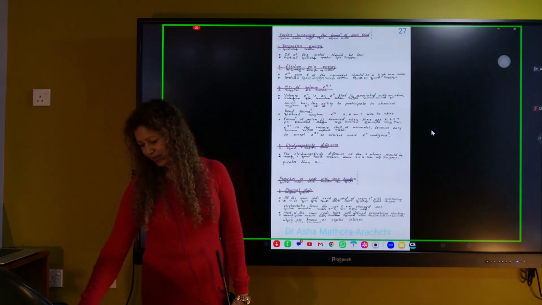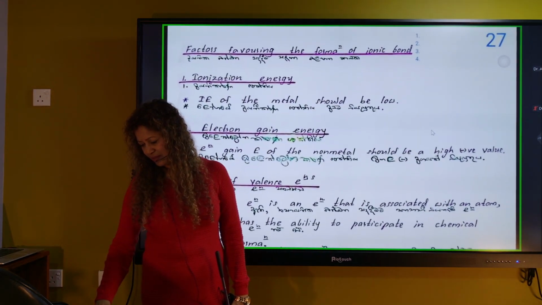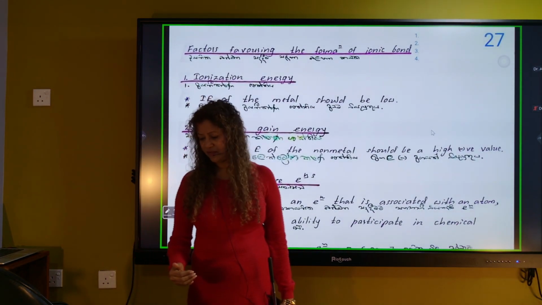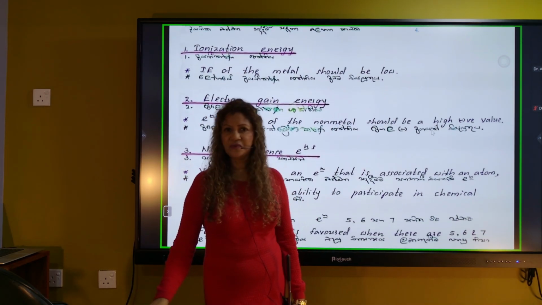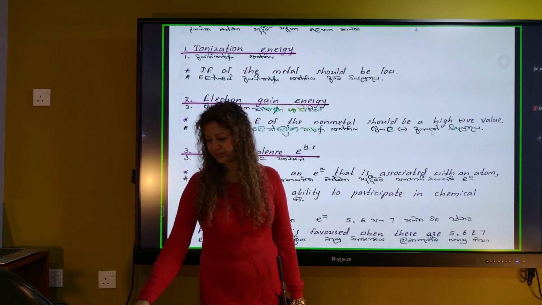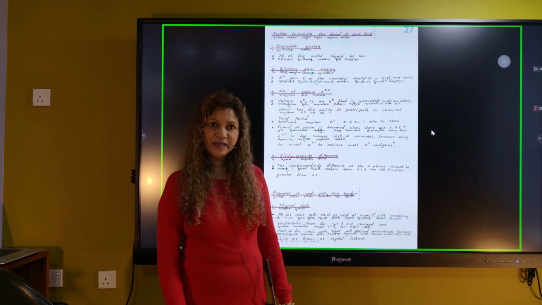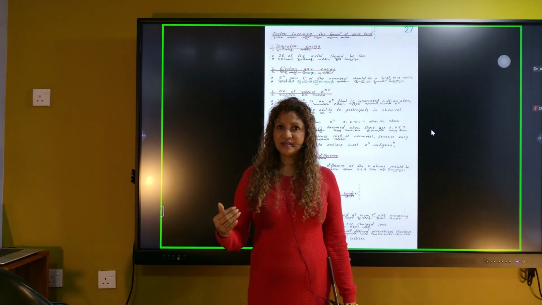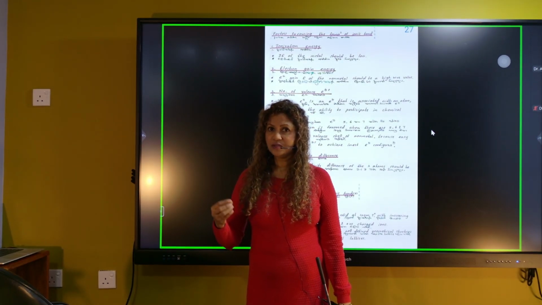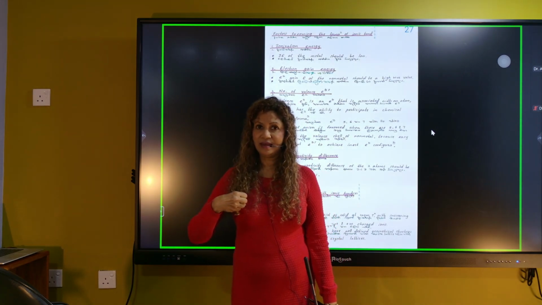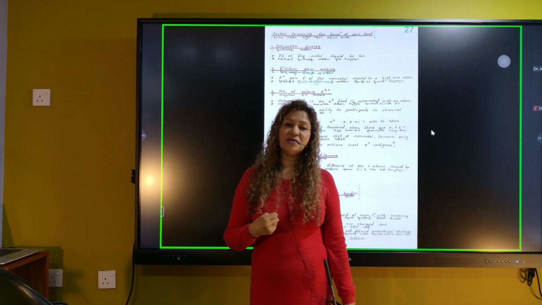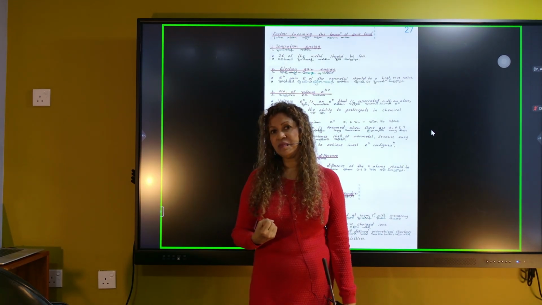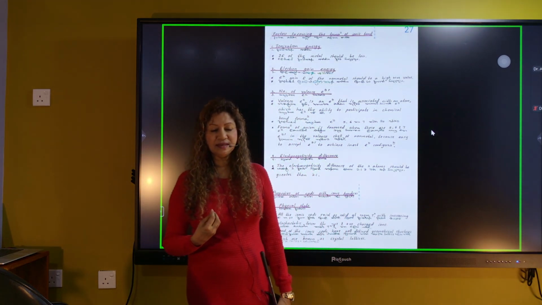Today we talked about the factors favoring the formation of ionic bonding. For the cation, ionization energy is supposed to be lower, so they are absorbing less energy. It is endothermic, so it is thermodynamically more stable when they are gaining less energy.